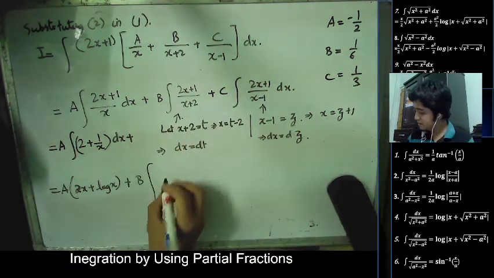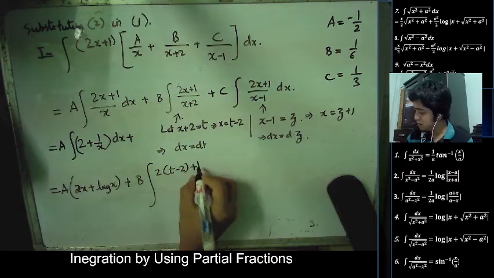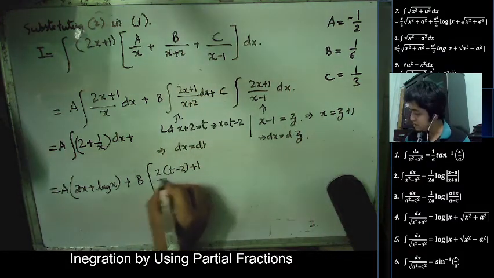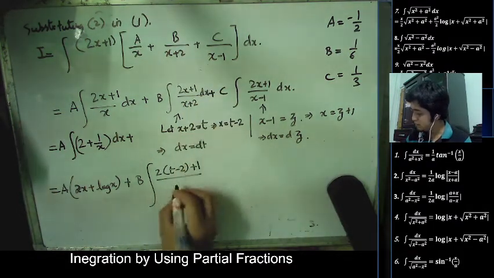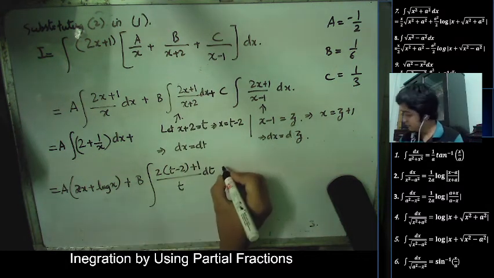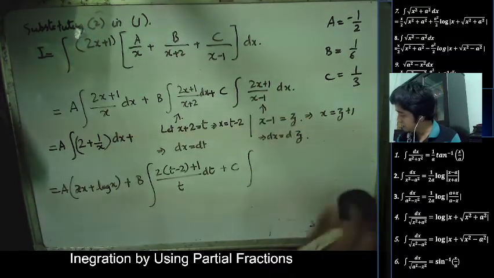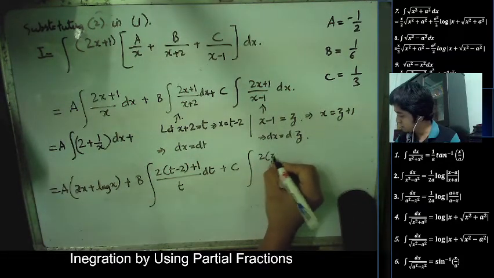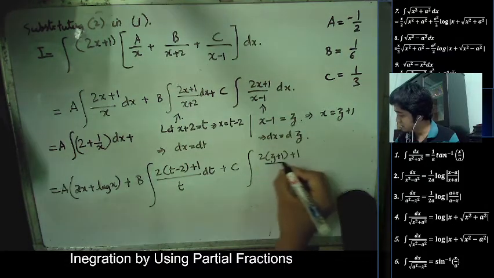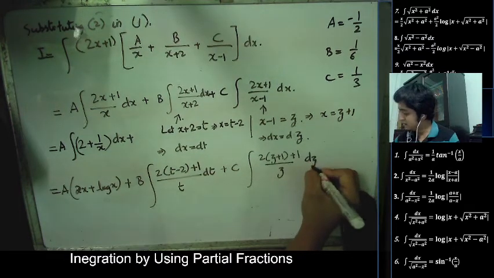So 2x will give you 2 times t minus 2 plus 1. Over here this dx has been changed into dt. x plus 2 is t, dt plus c. Over here it will be 2 times z plus 1 plus 1, x minus 1 is z. dx has been changed into dz.